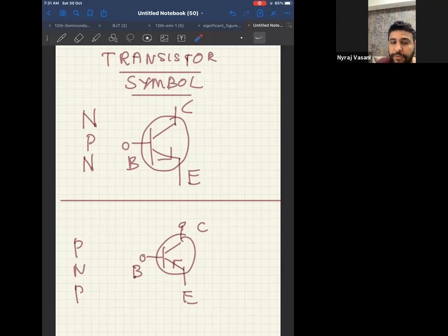But many times students make a mistake: they write the order of emitter, base, and collector wrongly. It is emitter, base, collector. So for NPN, the arrow mark is this, and for PNP, the arrow mark is this. So first draw the symbol of PNP, draw the symbol of NPN, and below that I'll give you one statement. Start drawing.